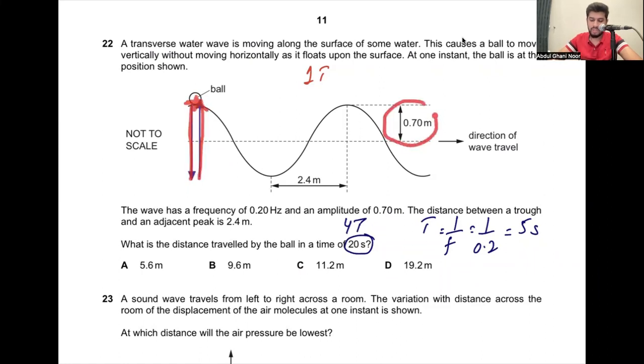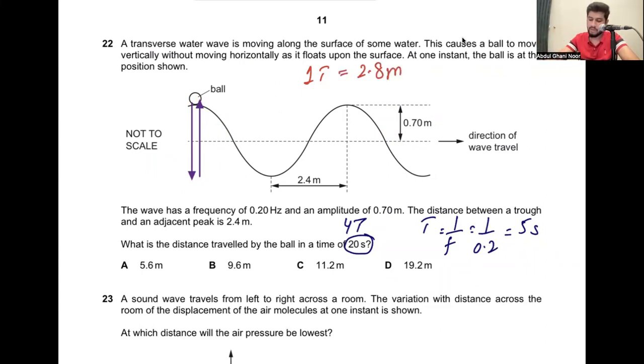And if this is 0.7 meters, this is 0.7, then 0.7, 0.7, and 0.7. So the ball travels a total of 0.7 into 4, which is 2.8 meters. The ball travels 2.8 meters in one time period.